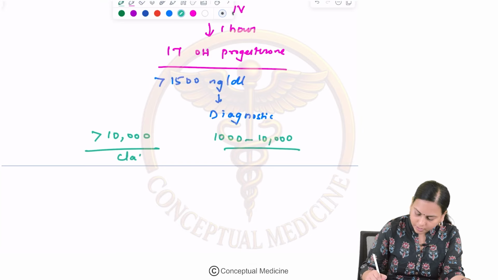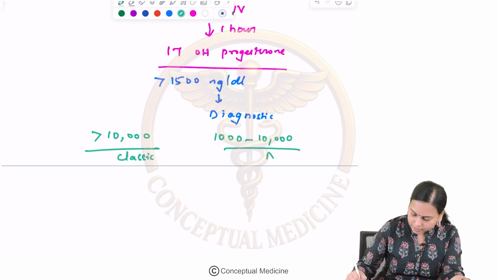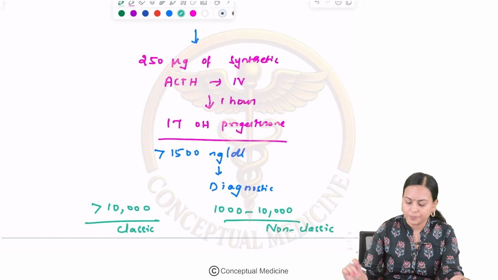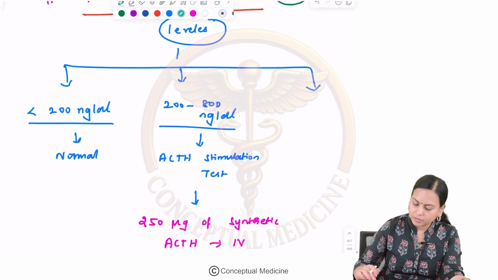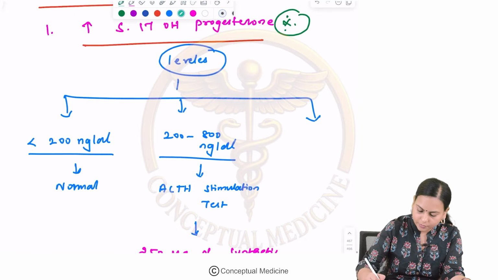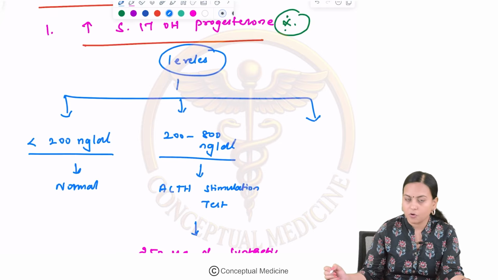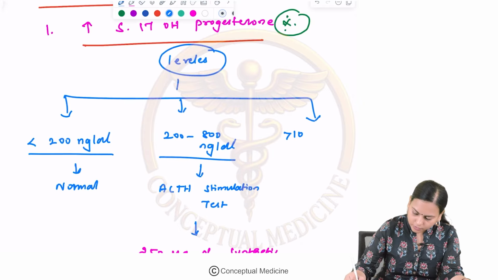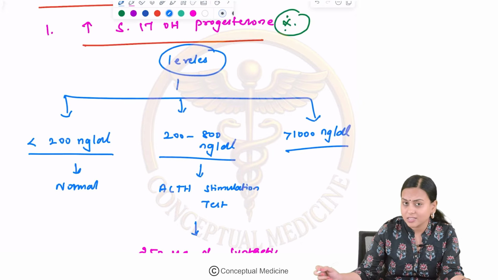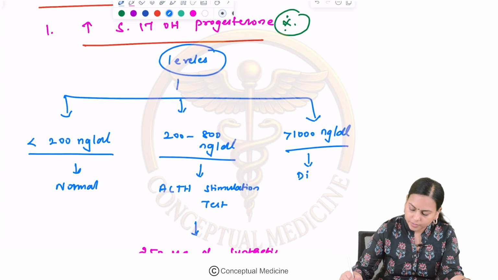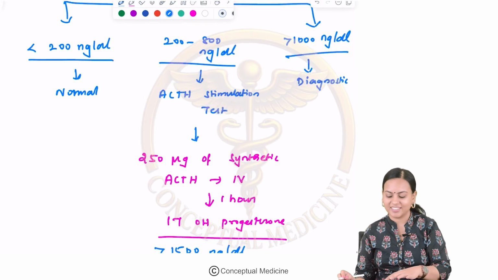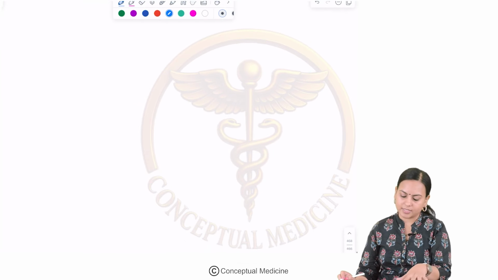So, this is going to be a classic type and this is going to be a non-classic type. Clear? And whenever you measure 17 hydroxyprogesterone and the levels are seen above 1000 nanogram per deciliter at the start itself, then these are diagnostic of congenital adrenal hyperplasia. Clear? Now, let us see the next one.